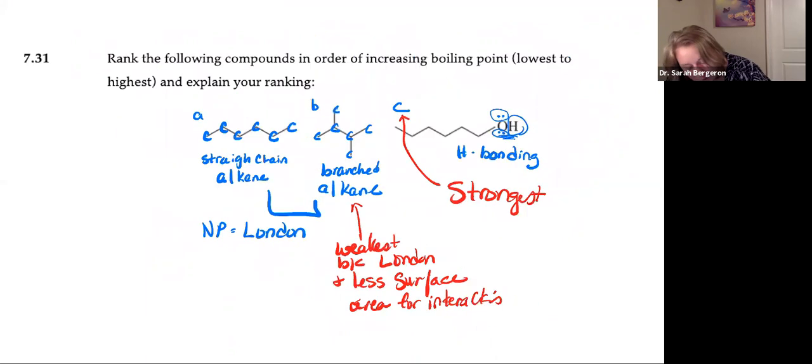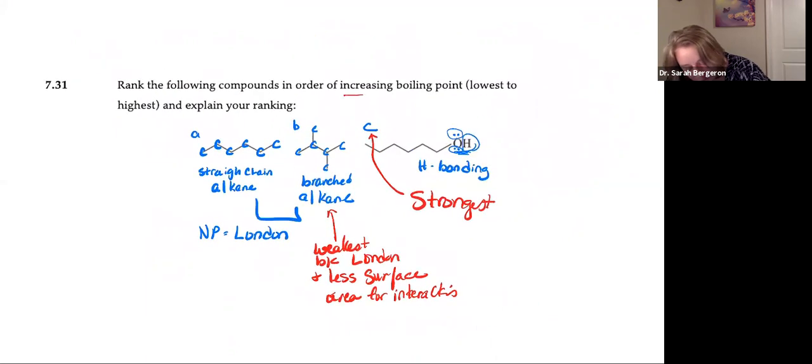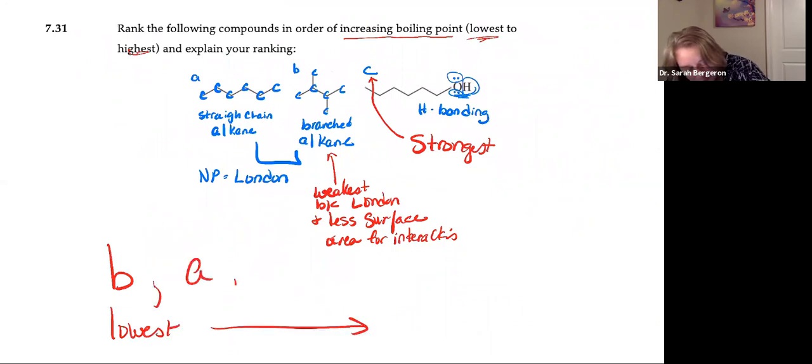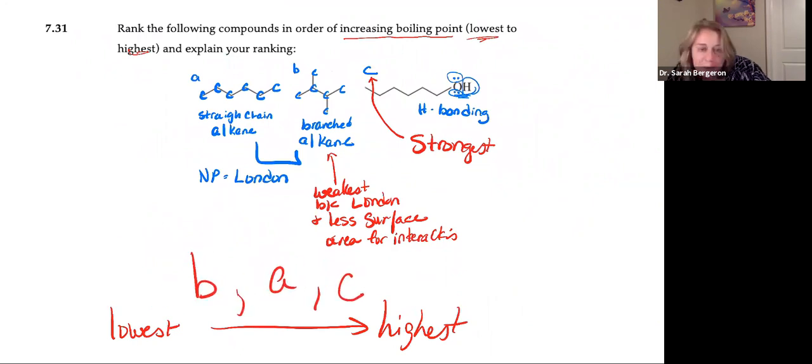So I need to rank them in order of increasing boiling point, lowest to highest. Our lowest is going to be B, and we go to the highest. So it'll be B, A, C. I don't know why I put it over there, but that should be our order, B, A, C.